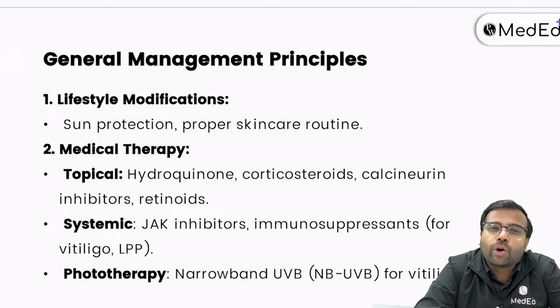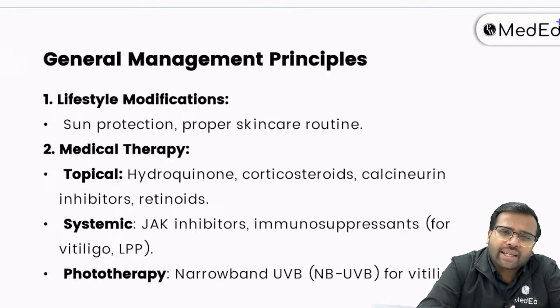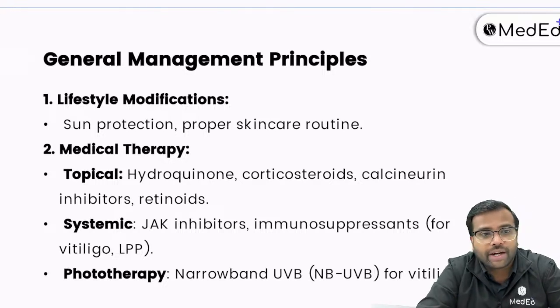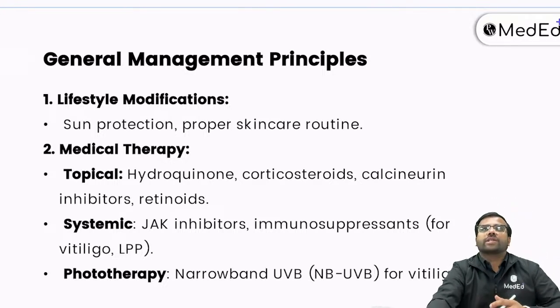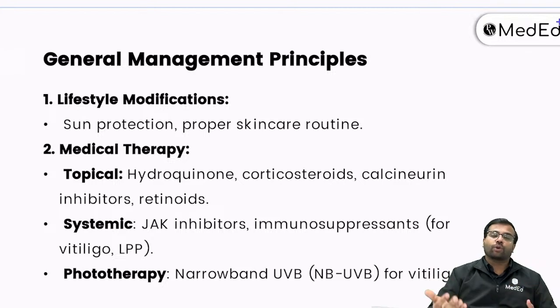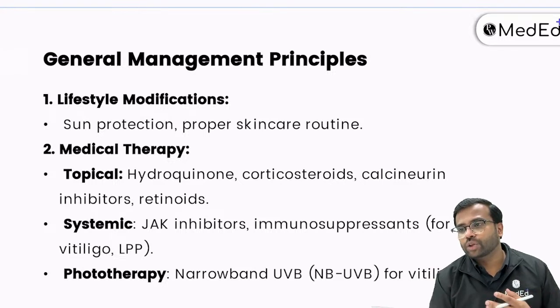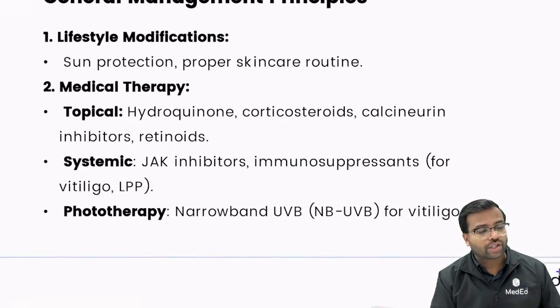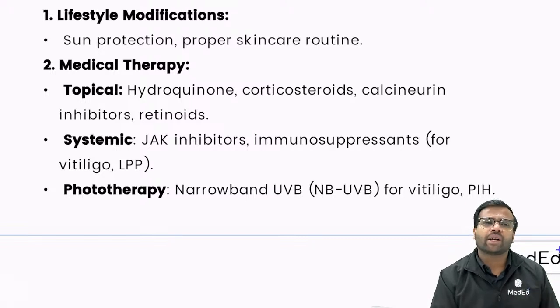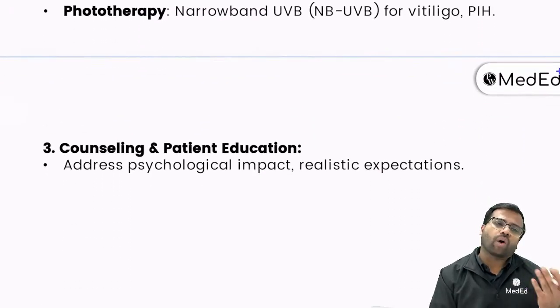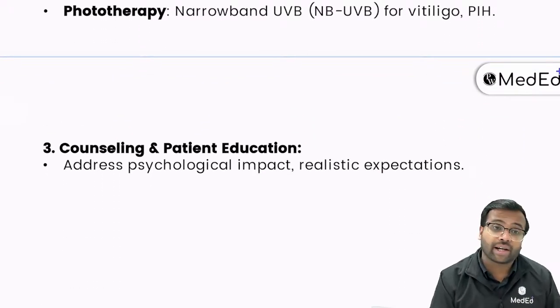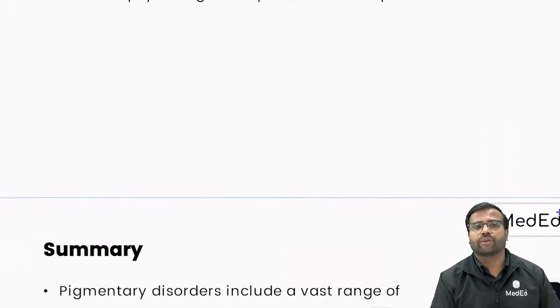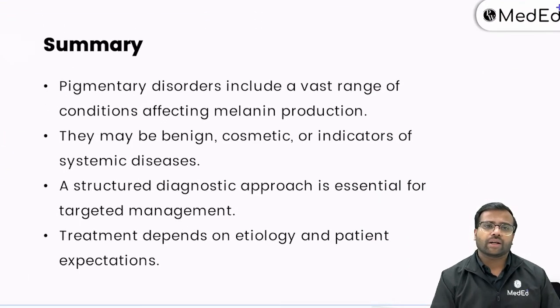If there is some autoimmunity, you can go for JAK inhibitors. We can go for steroid treatments. And for diseases like vitiligo, we also go for phototherapy. So it is not possible for us to generalize a treatment. Treatment depends upon the kind of disease and the final diagnosis, and accordingly we'll reach the treatment part.